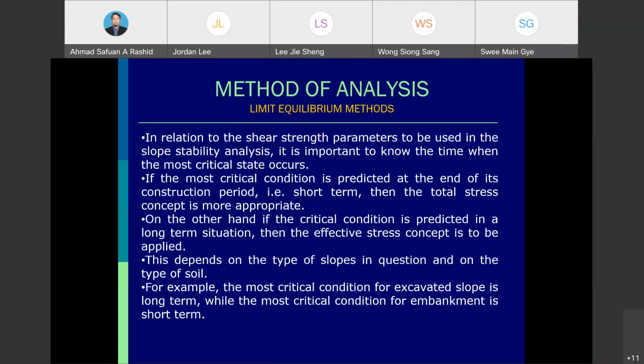For the excavation, the slope will be exposed to different weather for a very long period, so that is why we may use the long term approach. But again, it is better for us to consider both short term and long term. And as an engineer, we may use the most conservative value in our judgment or justification.